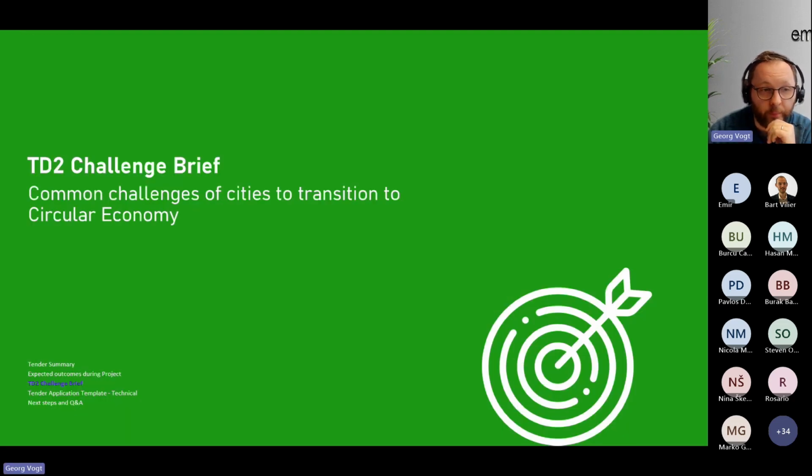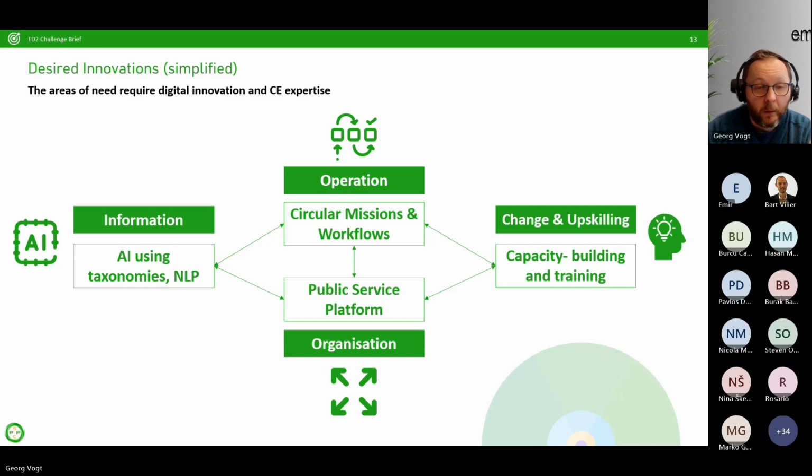Now on the challenge brief. In summary, we have 4 domains for the technical solution we desire. We want a solution which answers our needs for information. The cities, any regular municipal worker, not knowing what circular economy is, or not knowing what good case studies are in a particular field, in one of the value chains.